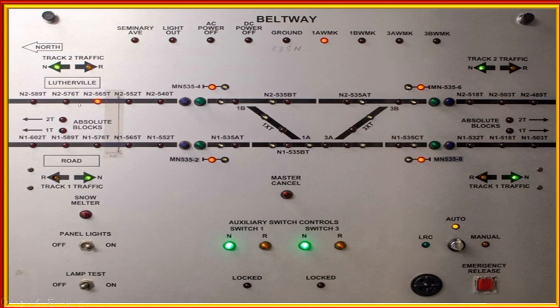And as the train approaches that signal by going through the N1 565T and N1 552T track circuit, once it crosses the N1 535AT track circuit, the 535-2 signal will switch from green to red. And if the route was to be canceled, nothing changes until the time expires, which is 90 seconds. That's the approach route circuit.